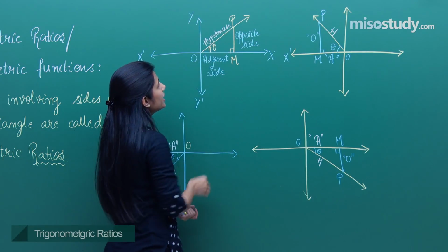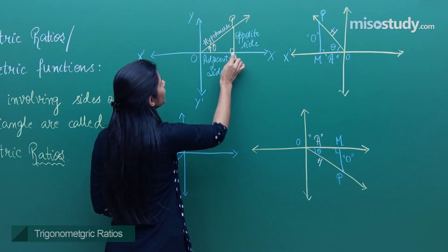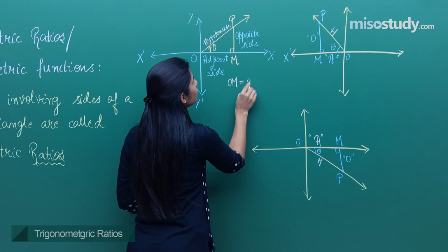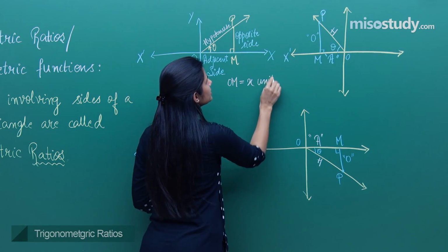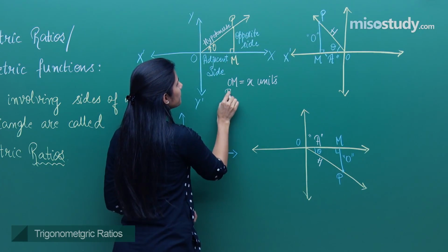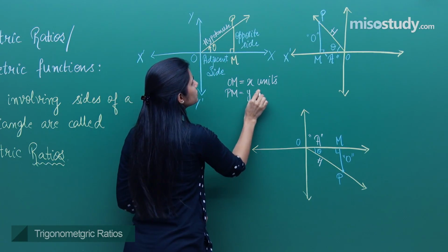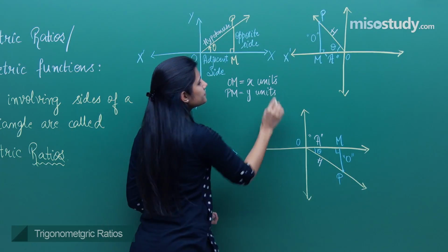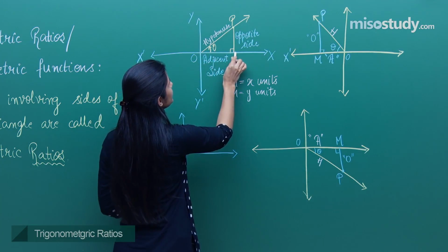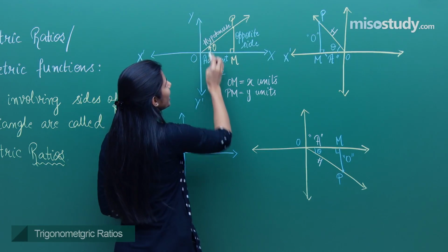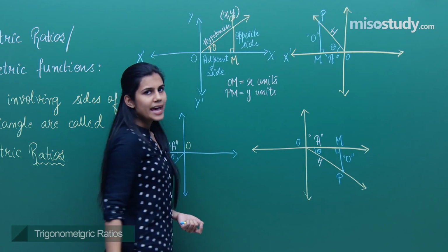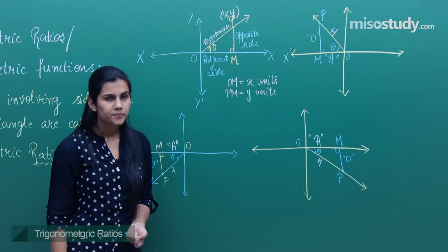Well, over here, if you take the length of OM to be equal to, say, x units, and the length of PM to be equal to some y units, in that case this is your x units, these many are your y units, and therefore P becomes the coordinate x, y.